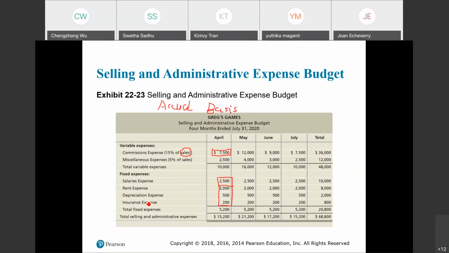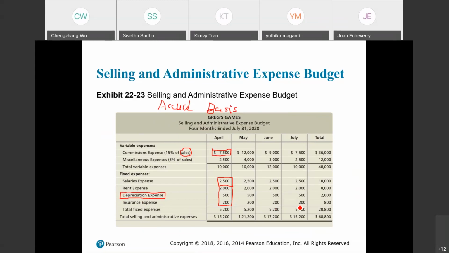Here, I should mention that the depreciation expense is a fixed part. Do you remember 3 methods of depreciation learned in your financial accounting class? Right. The fixed method of depreciation is used right here.